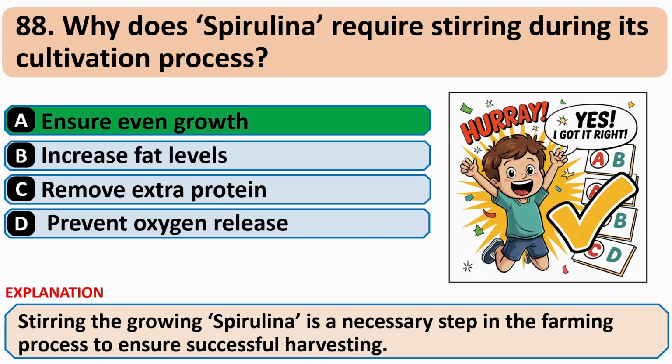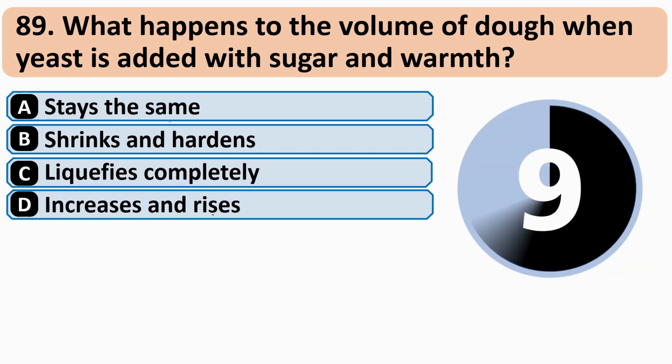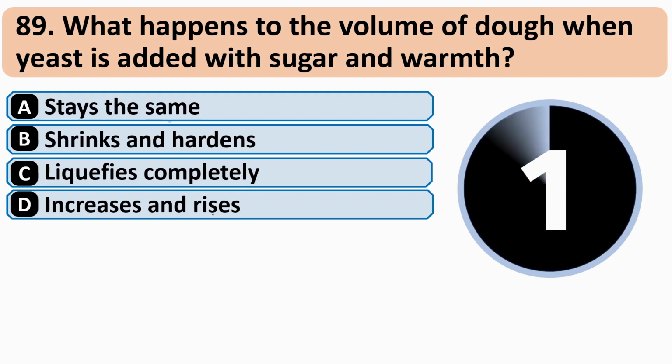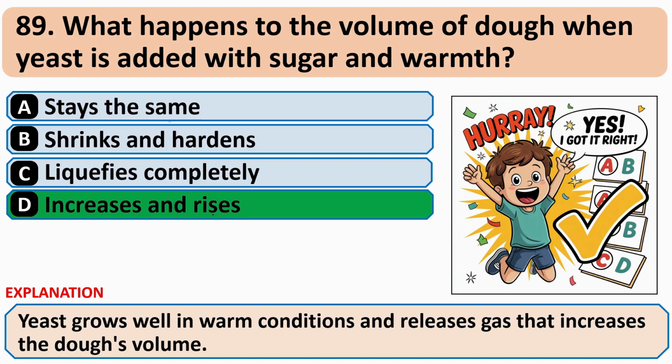And correct answer is A, ensure even growth. What happens to the volume of dough when yeast is added with sugar and warmth? And correct answer is D, increases and rises.